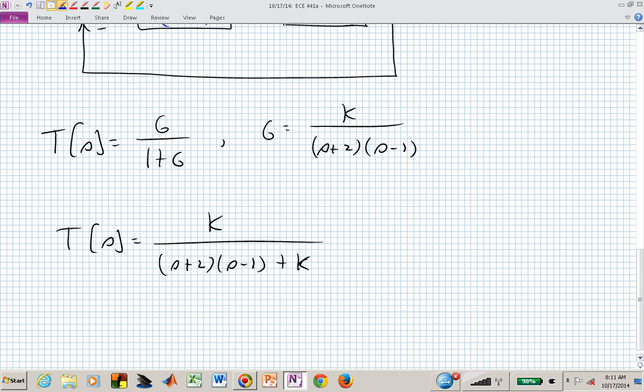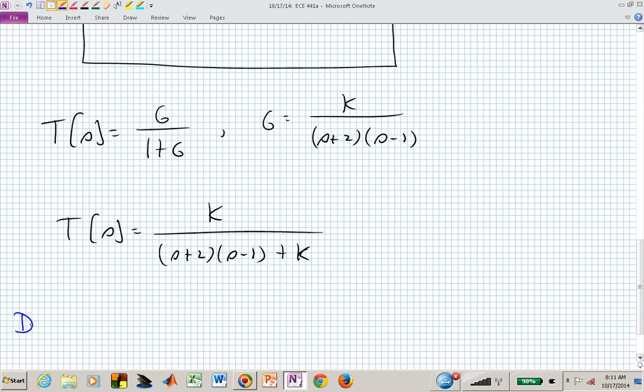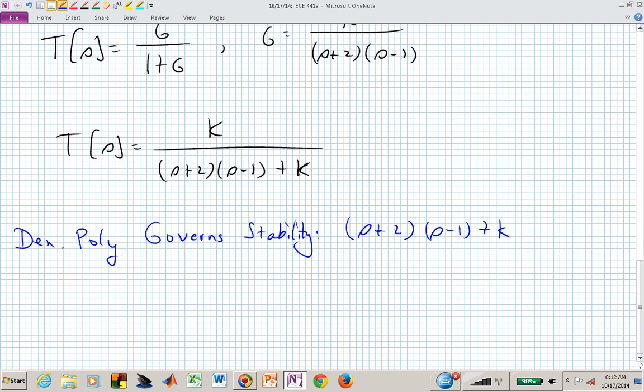If we then say, let's concentrate on the stability of this system, then for stability, we need to look at the denominator polynomial. And that's now this S plus 2, S minus 1 plus K. Or that's an S squared plus 2S minus S plus S minus 2 plus K.